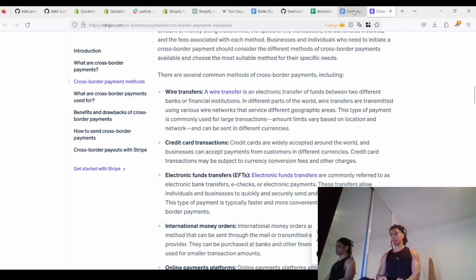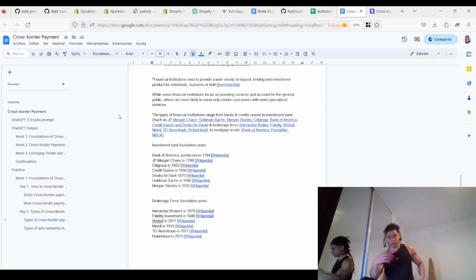So how long have these actors been in play? For example, Bank of America, or its predecessor, is the longest, and we can trace it back to 1784. JP Morgan, 1799.